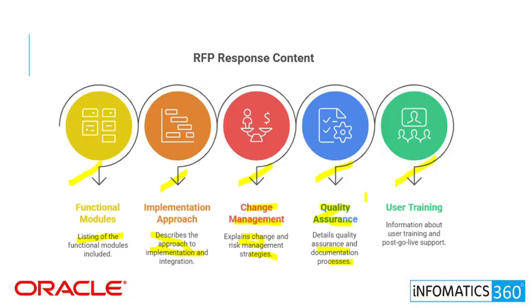And the last but not the least is user training. Once everything is done, we include how we will train the users, I mean the client users, through documentation, workshops and hands-on sessions. This will ensure they are confident to use the new system after go live support.